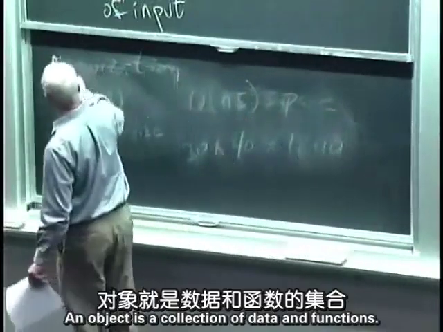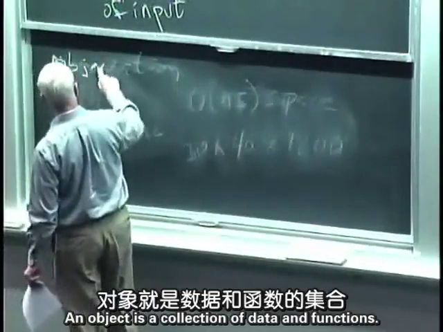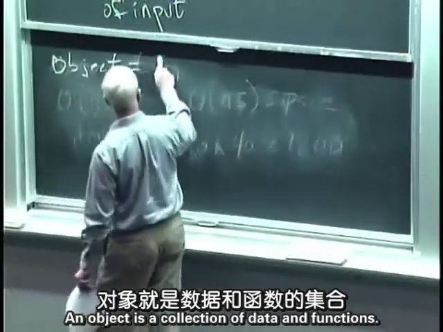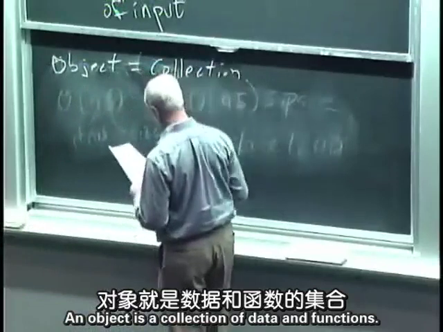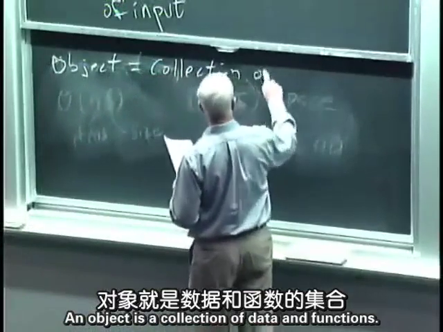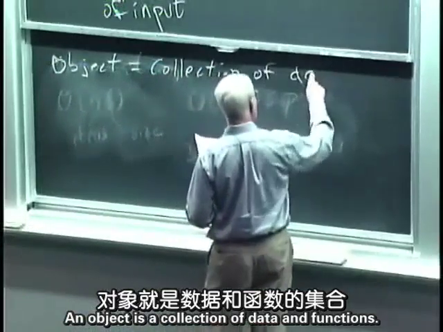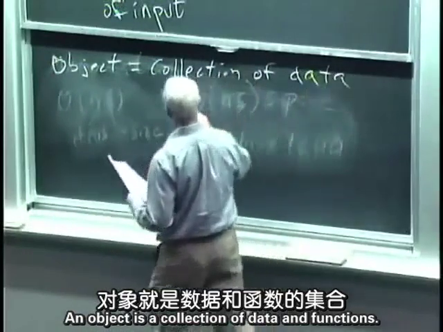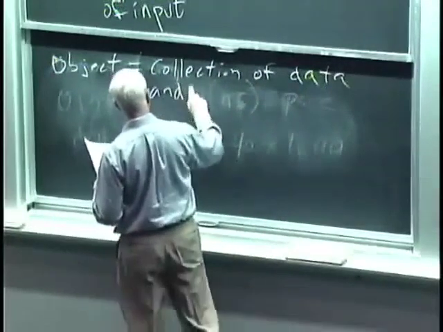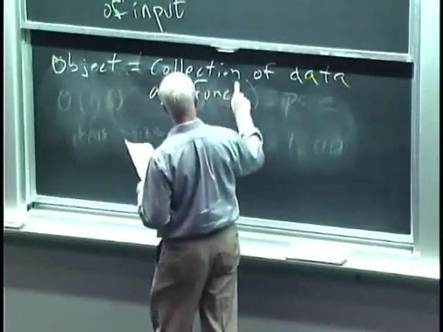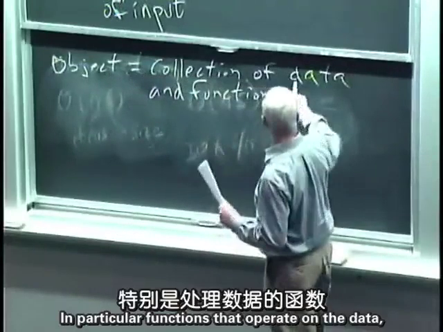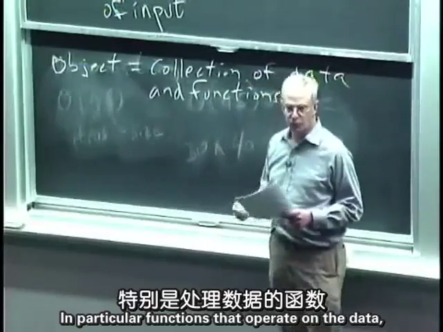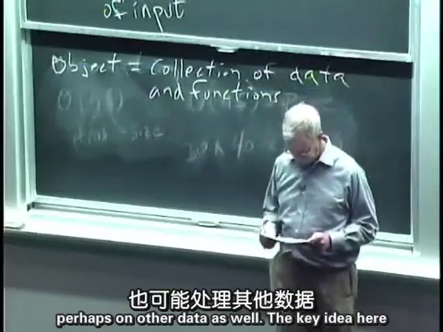An object is a collection of data and functions. In particular, functions that operate on the data, and perhaps on other data as well.